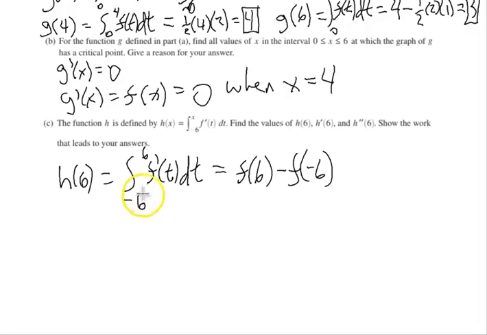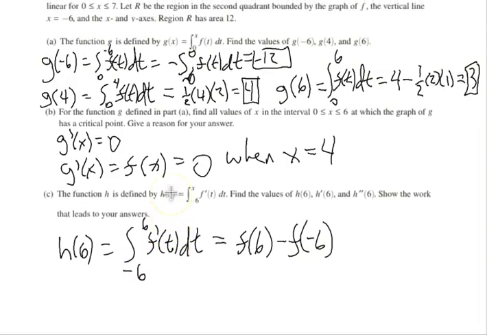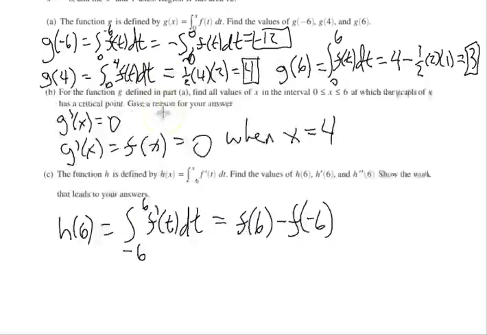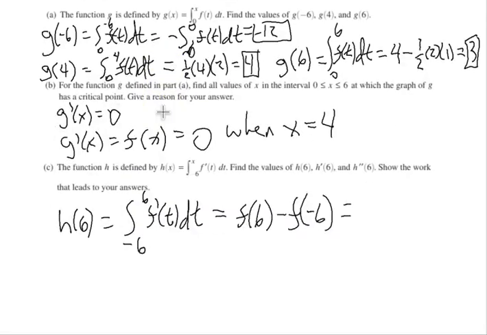Because it's f prime, we have to use the fundamental theorem of calculus, and we know the values of f. F of 6 is -1, and f of -6 is 0.5. So that's -1 minus 0.5, which is -1.5.